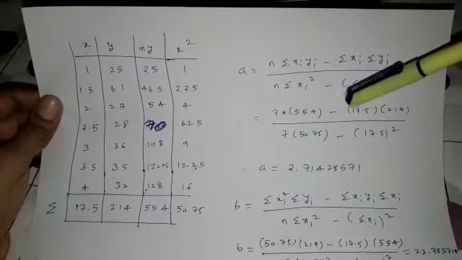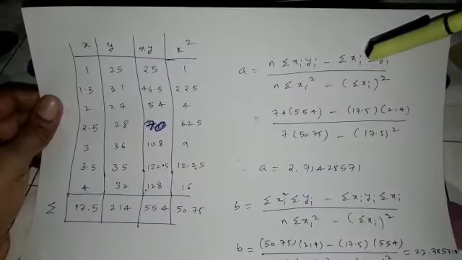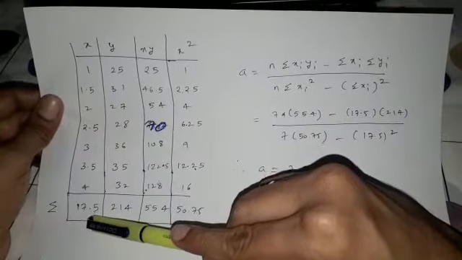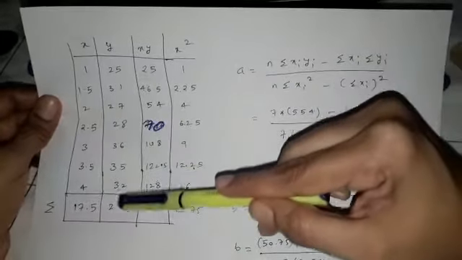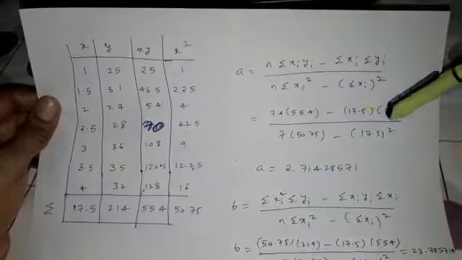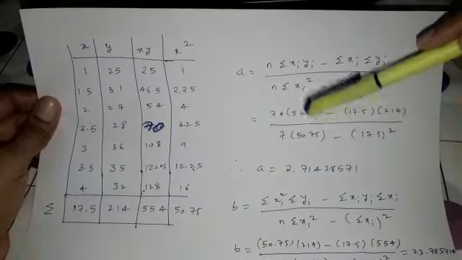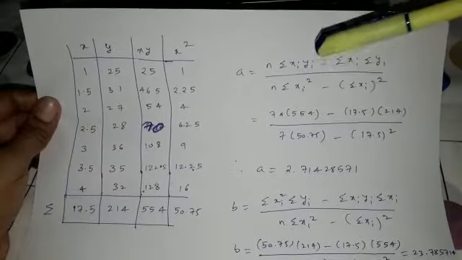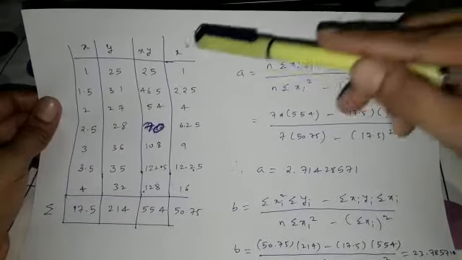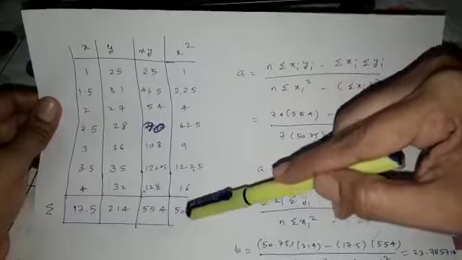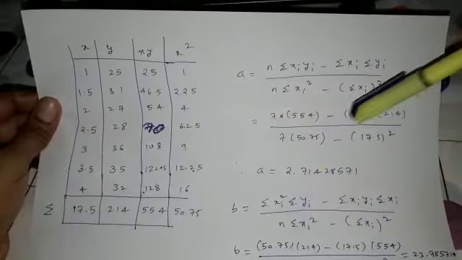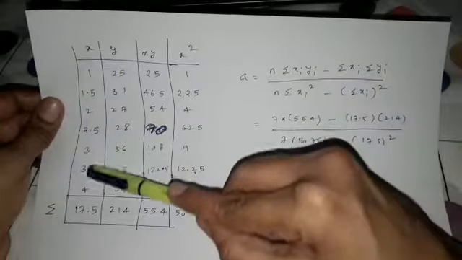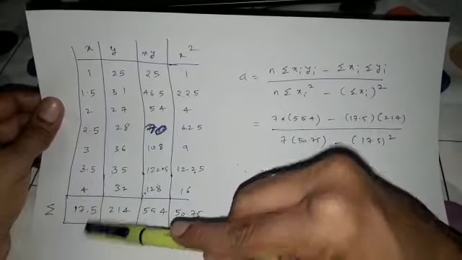Substitute 554 minus sigma xi times sigma yi. Sigma xi is 17.5 and sigma yi is 214. Then n times sigma x square, which is 50.75, minus sigma x the whole square, which is 17.5 squared.